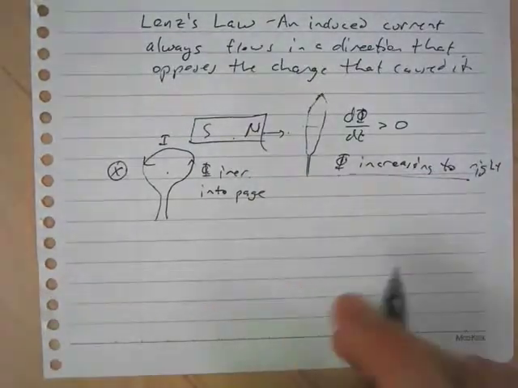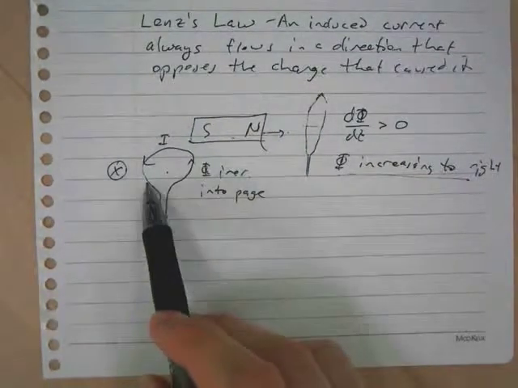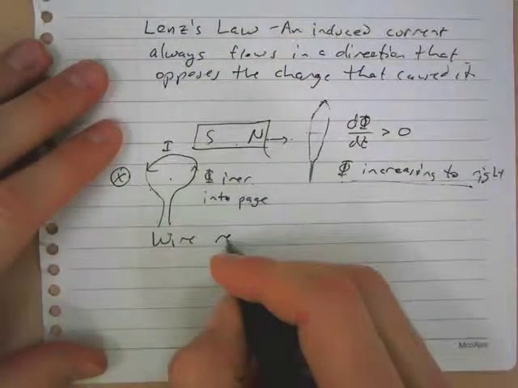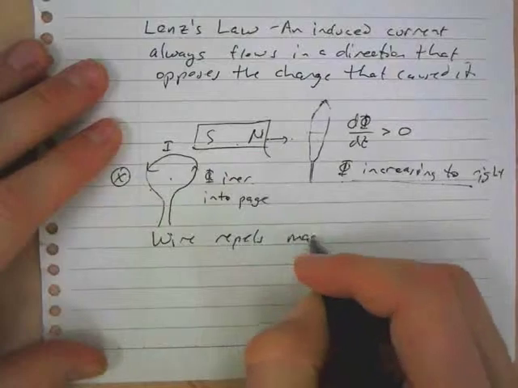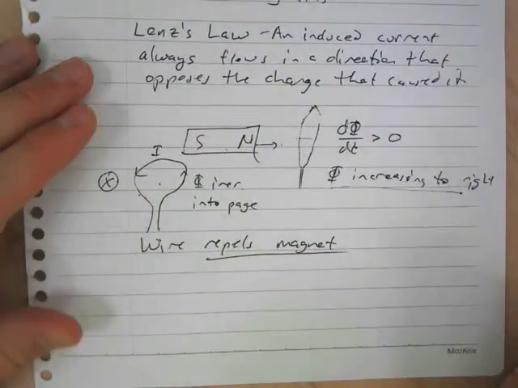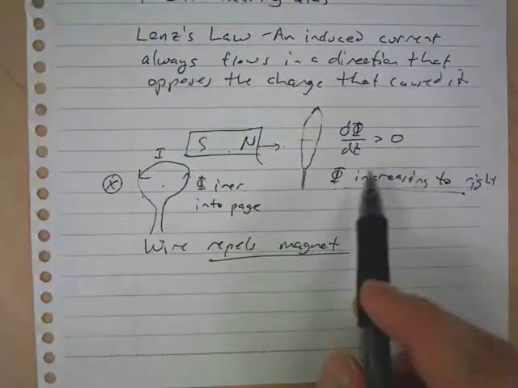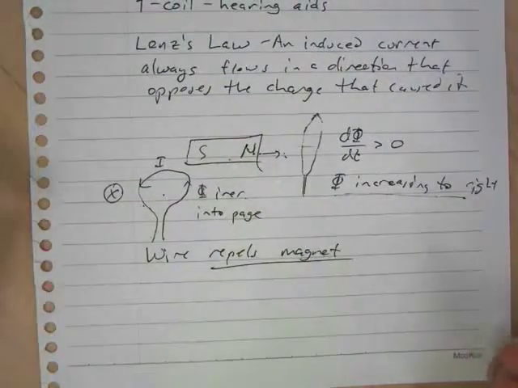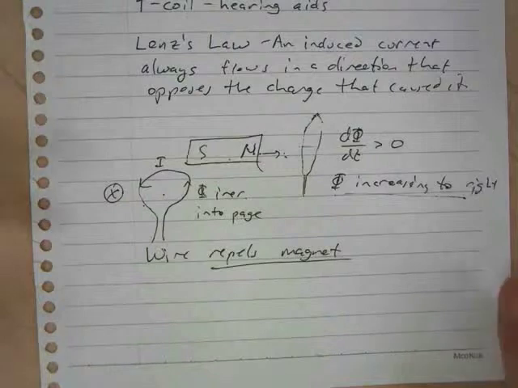Another way of thinking about it is that this wire is trying to repel the magnet. That is another way of thinking about opposing the change. So it's bringing its north here. Now remember, there's a B field generated by a wire that acts kind of like a bar magnet.